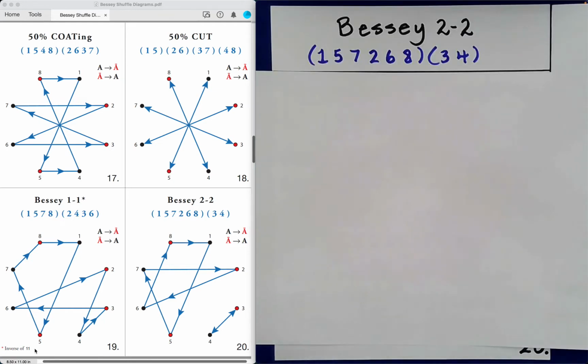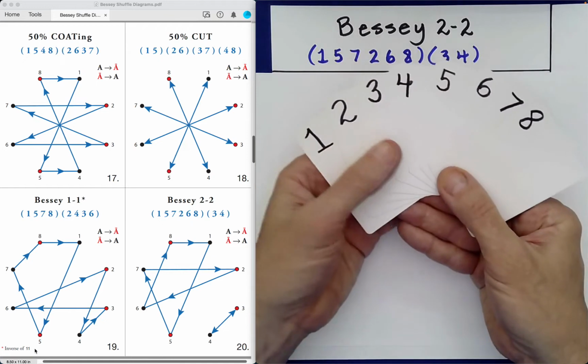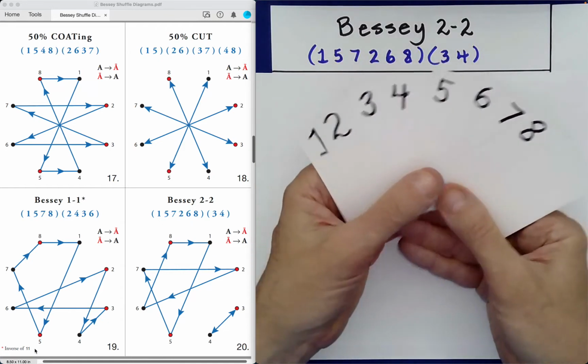For our last shuffle today, we're looking at the Bessey 2-2. So let's show you how this shuffle works. And this is a second shuffle for which I'm not aware of a name for it. So I had to give it a name, so I just call it the Bessey 2-2. Now you can probably guess how this one works if you just think about what the Bessey 1-1 involved. So we'll begin with our ordered packet, as always.